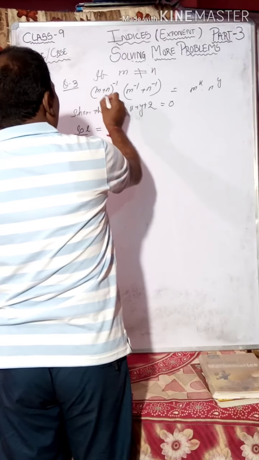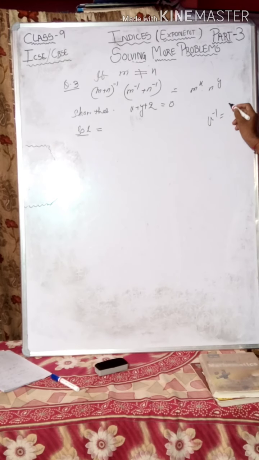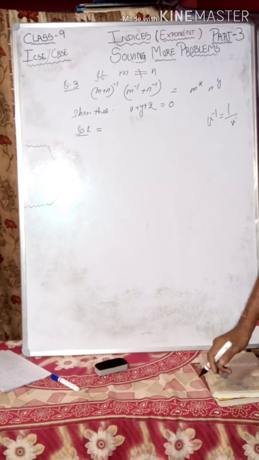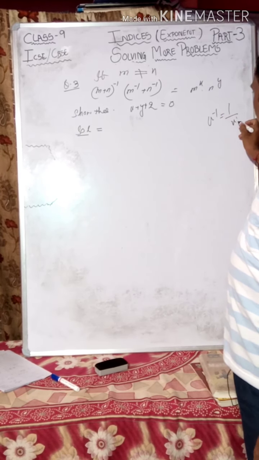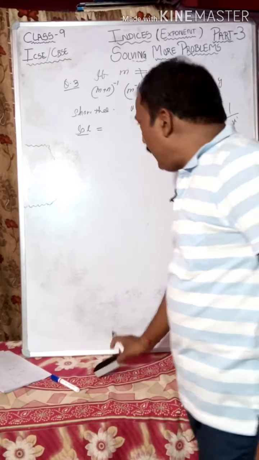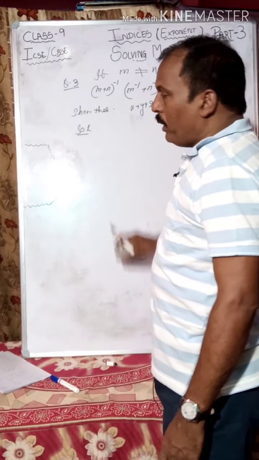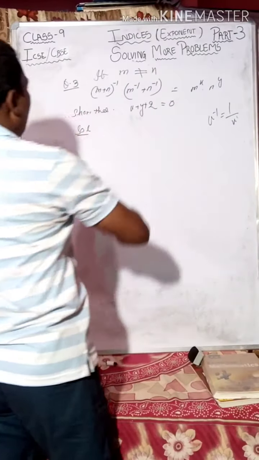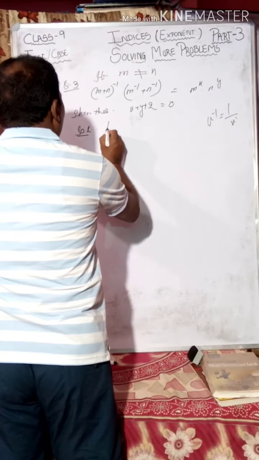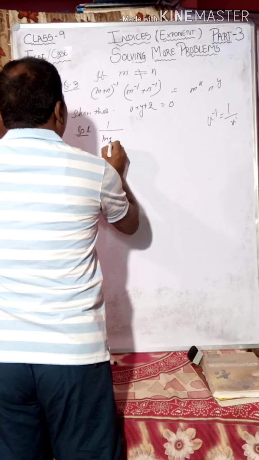So we know x to the power minus 1 is equal to 1 by x to the power 1, or 1 by x. The minus power changes into plus power. So first omit the minus power, the minus index. So (m plus n) to the power minus 1 means 1 upon m plus n.